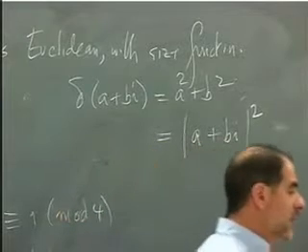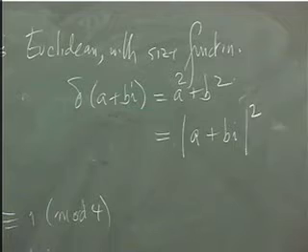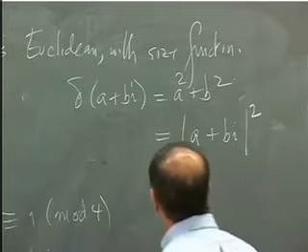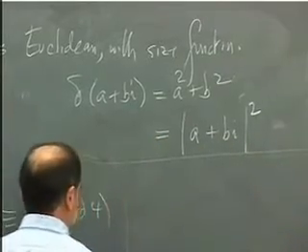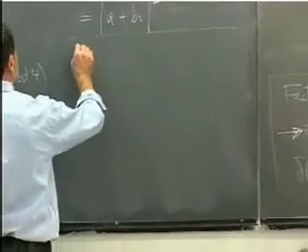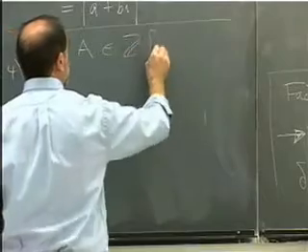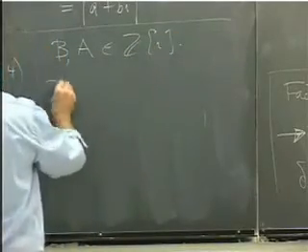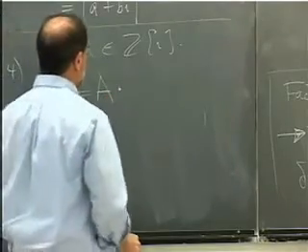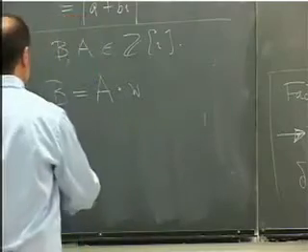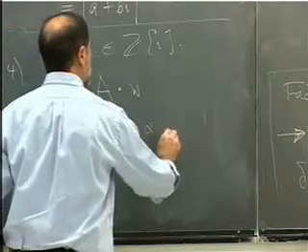So let's start with 2 Gaussian integers and try to divide one into the other. Okay? So if I have b and a, well, I've already used b and a. Let's call the Gaussian integers capital B and capital A so we don't confuse them with those two a and b in z of I. And we can write B as A times some w, where w is of the form alpha plus beta I, and alpha and beta are rational numbers.